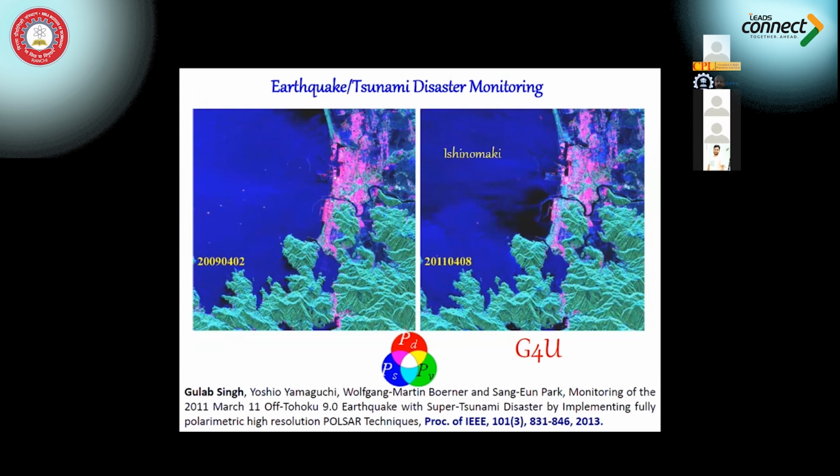We can see the old red area as urban area because double bounce scattering is produced significantly by the street and wall interface. After this event, you can see a significant reduction of double bounce in this area and this area. It is happening because the interface is damaged.